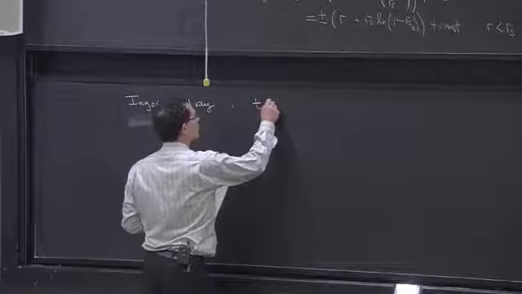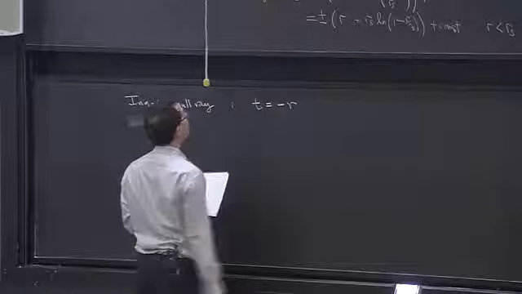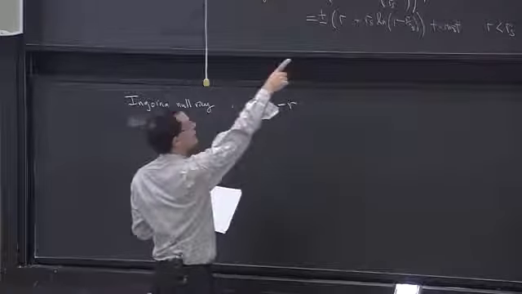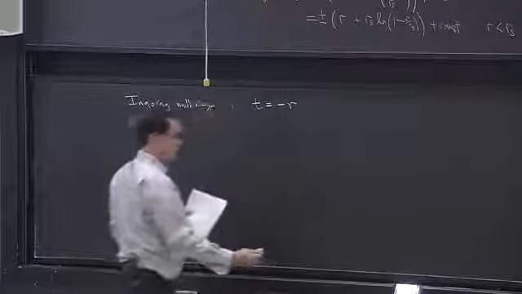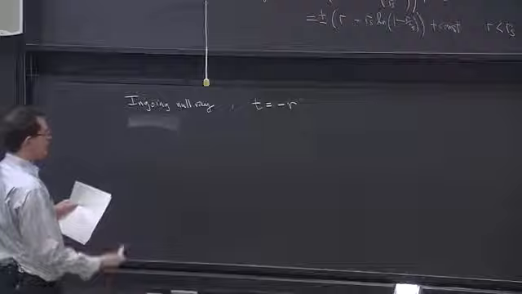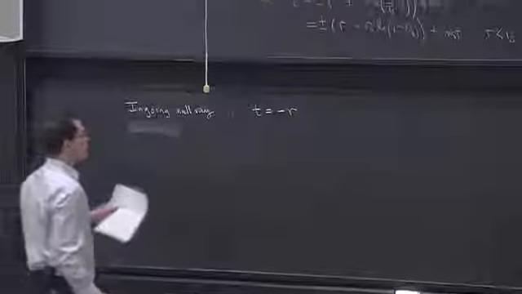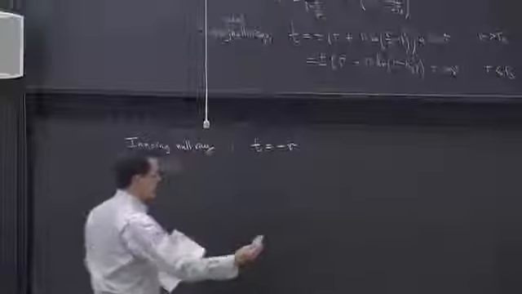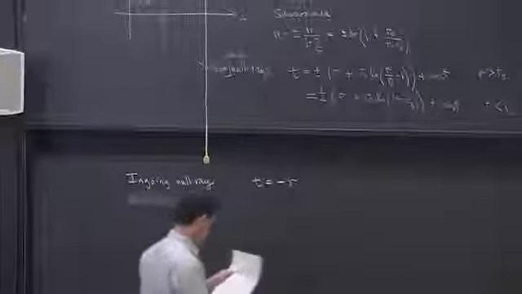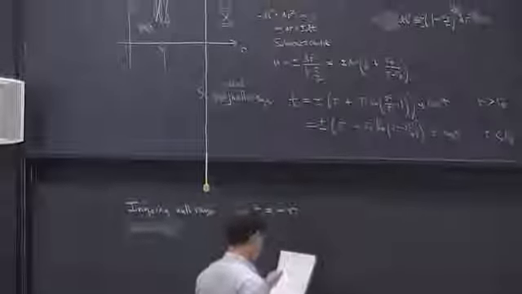And so for that one, we should have t as minus r. We've got to pick the minus sign in the first line because as time advances in the positive direction, the radius has to decrease. The radius decreases.